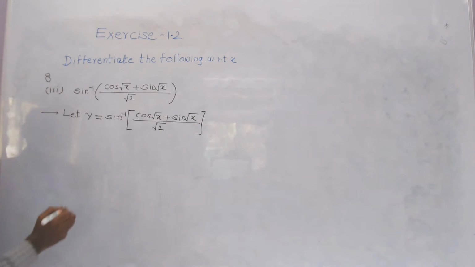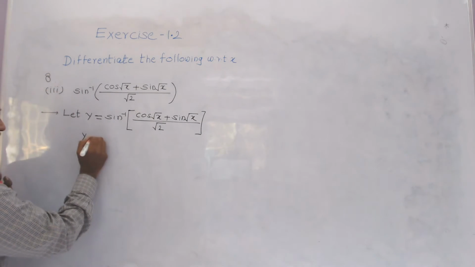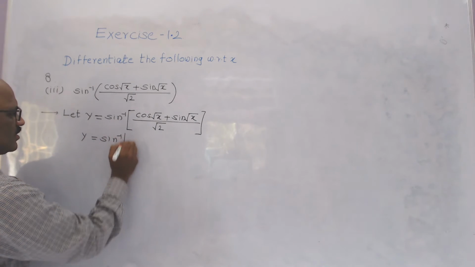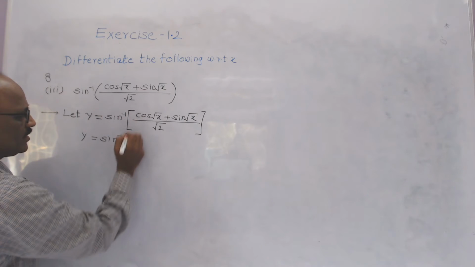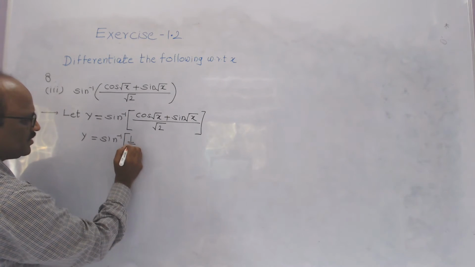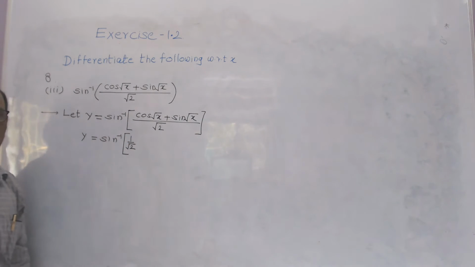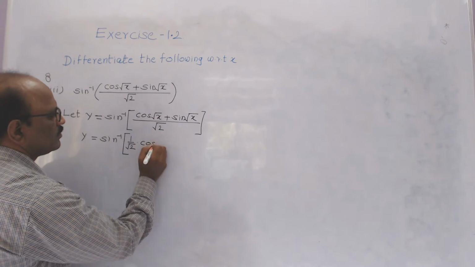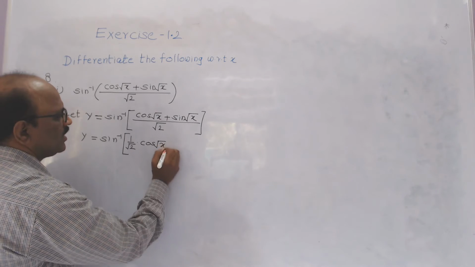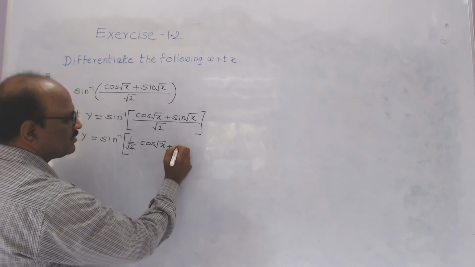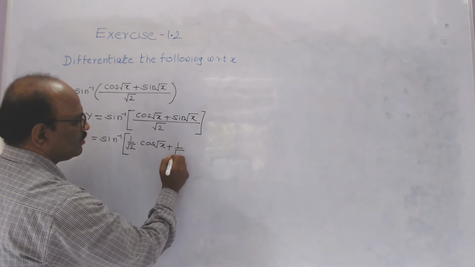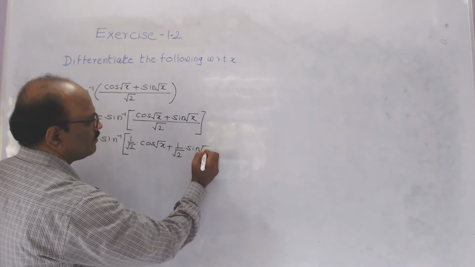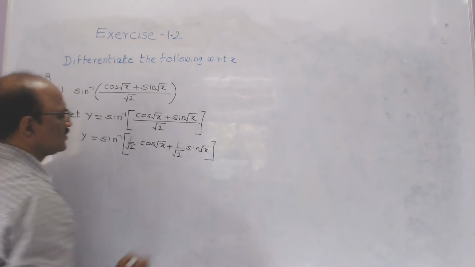Okay. Now again this can be written as sin inverse of, here I will split up this 1 by root 2 into cos of root x plus, again split up this 1 upon root 2 sin of root x.